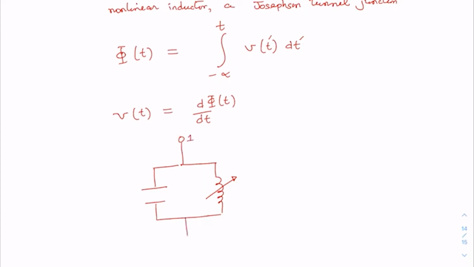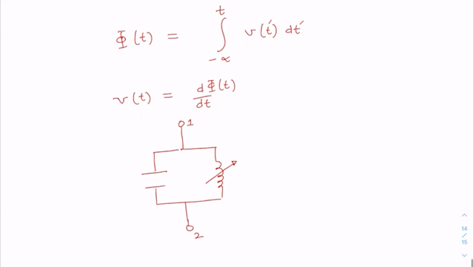You can consider 1 to be the metallic island 1, or the superconducting island 1, and 2 the superconducting island number 2. And this nonlinear inductor, the Josephson junction, is described by a magnetic flux phi.